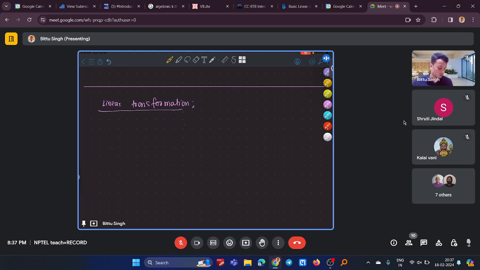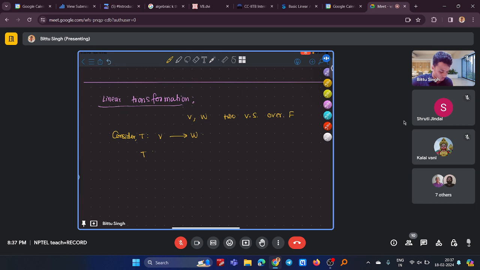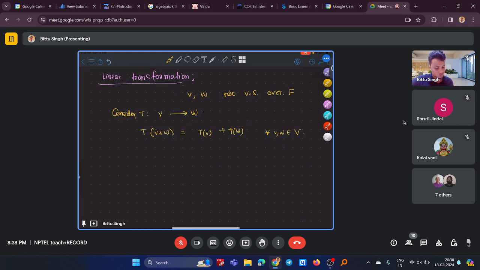So what is a linear transformation? Consider two vector spaces V and W over the same field F. Then consider a map T which maps from V to W. This map satisfies the property that if you add first and apply T, then this is the same as applying T first and then adding, for all v, w from the vector space V. And it satisfies another property: multiplying any vector by c and then applying T is the same as first applying T and then multiplying by c.